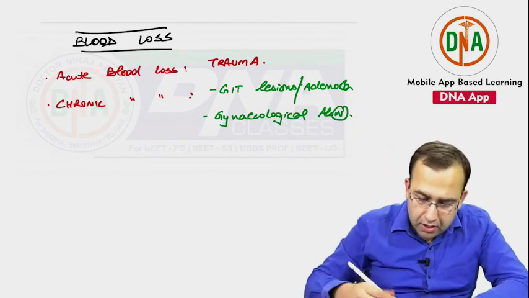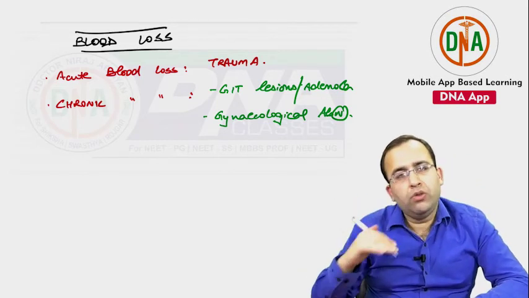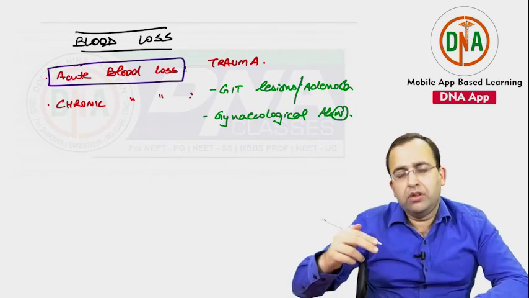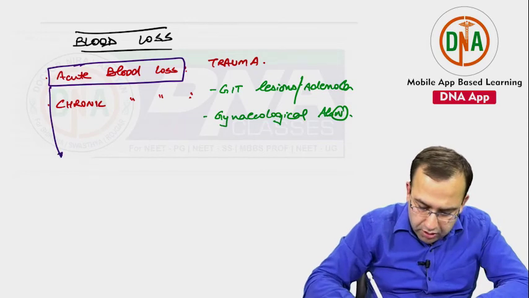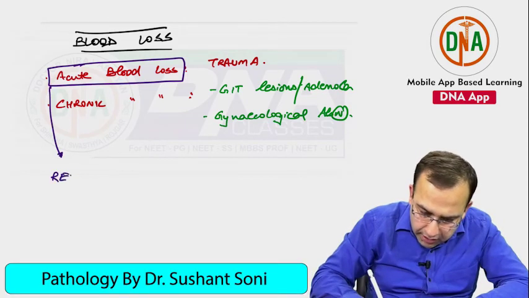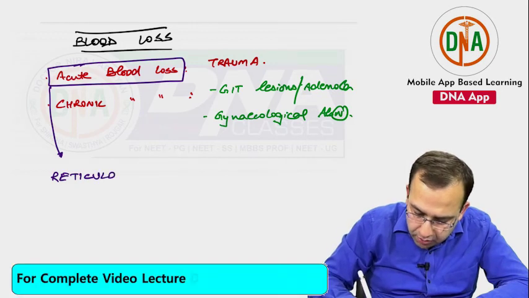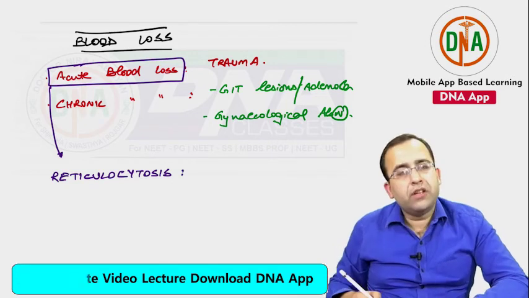Next, in cases of blood loss, if there is an acute blood loss, the body tries to compensate, as a result of which retic count increases, or let me rephrase this as reticulocytosis.